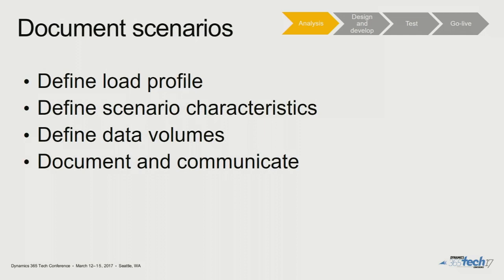And of course, as part of documenting the scenarios, we'll want to take a look at defining the load profile. And what this really means is, how many different processes are we going to have running in the system concurrently? As an example, and I come from finance, so I'll use a month-end processing example.